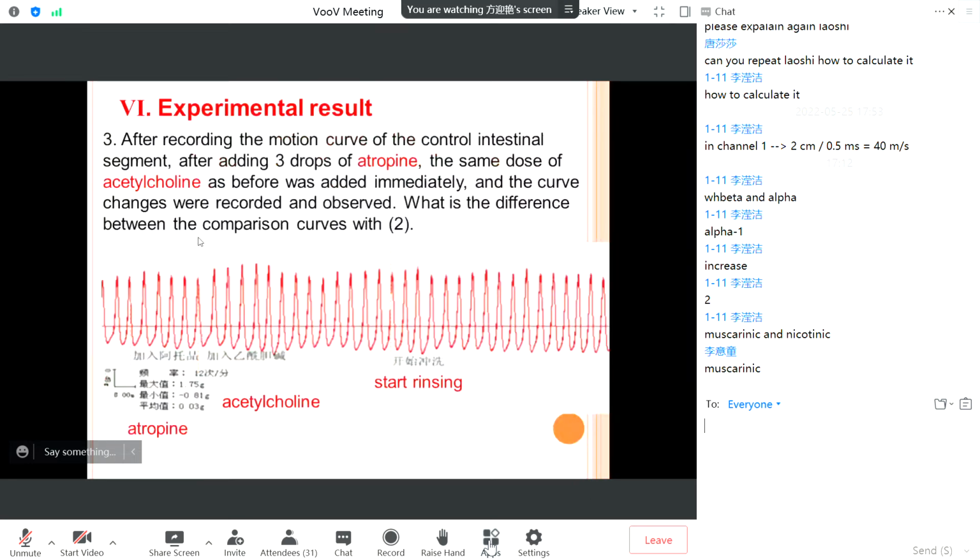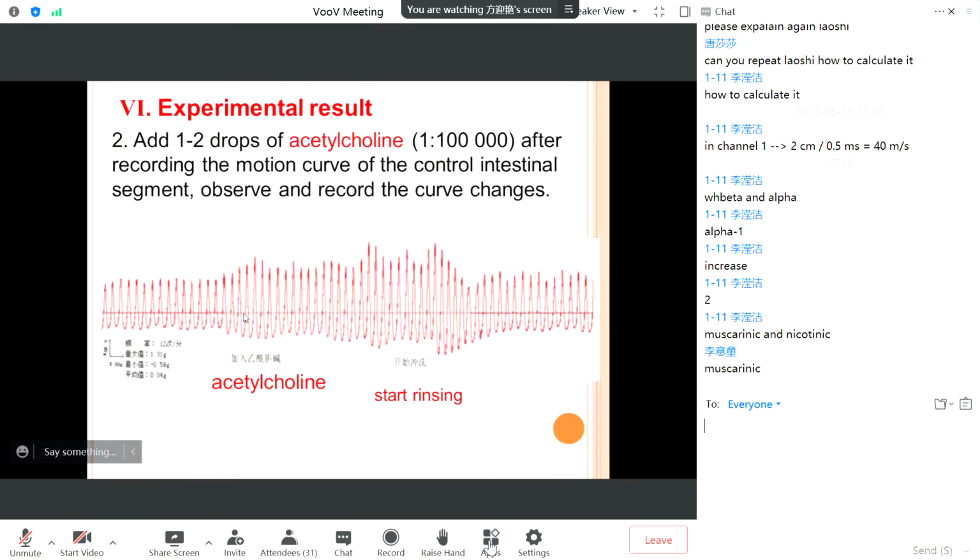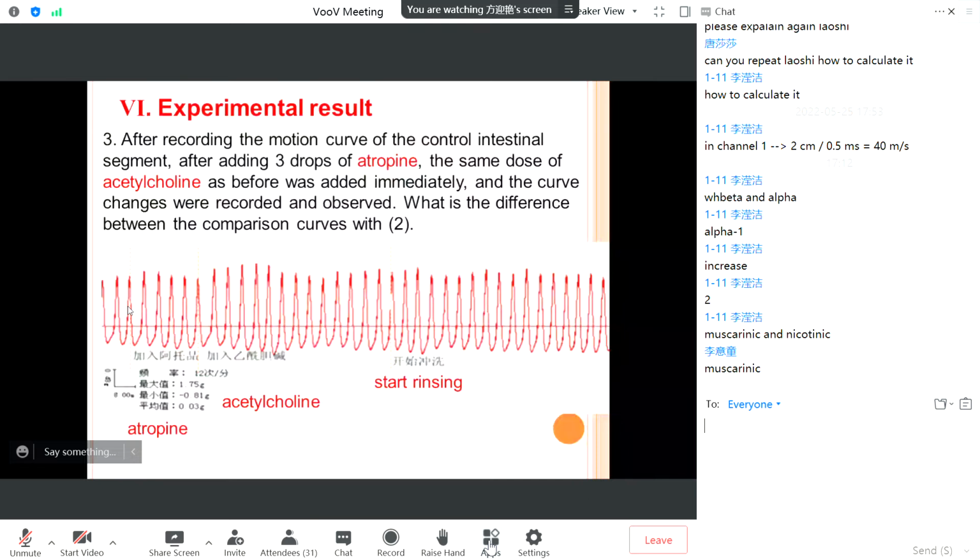Then we do the next drug. We know that the blocker of the M receptor is atropine. The M receptor blocker is atropine. We just talked about ACh, and this is the third step.